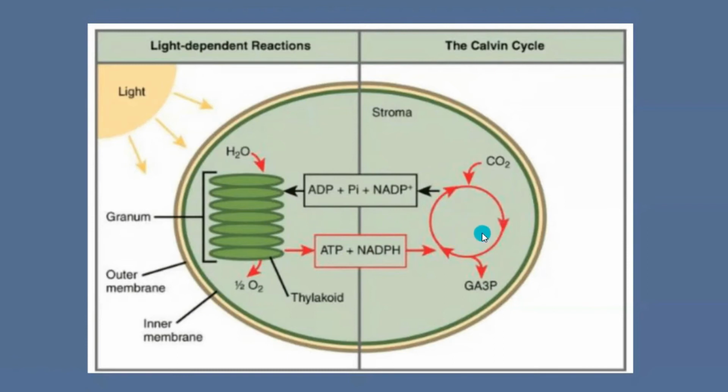Sa Calvin cycle naman, it uses carbon dioxide, converting it with rubisco and making glucose out of it. So ang product dito ay glucose or yung energy. Another difference is that light-dependent reaction occurs in the thylakoids, while the Calvin cycle occurs in the stroma of the chloroplast.